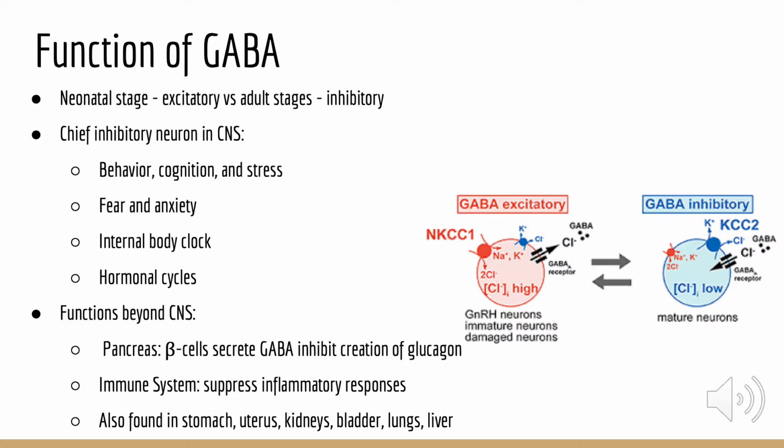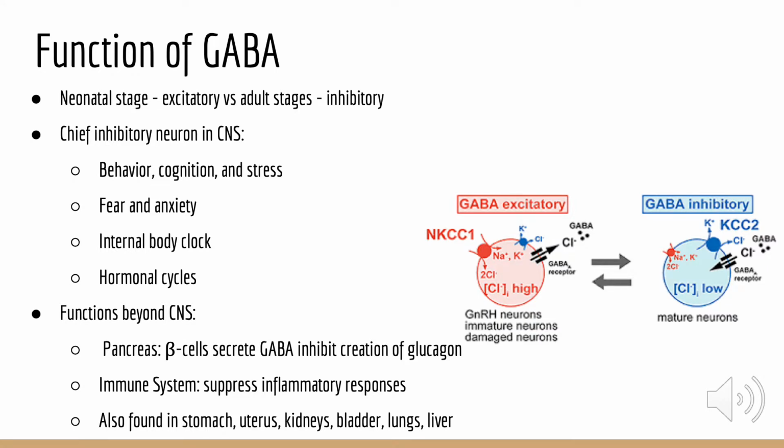But in the mature neurons, KCC2 goes out and chloride comes in. Due to this difference in concentrations of the cotransporters, there's a hyperpolarization and a depolarization, which explains why GABA is excitatory rather than inhibitory as a baby.